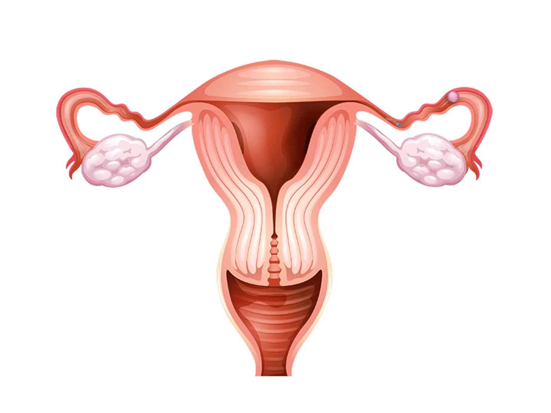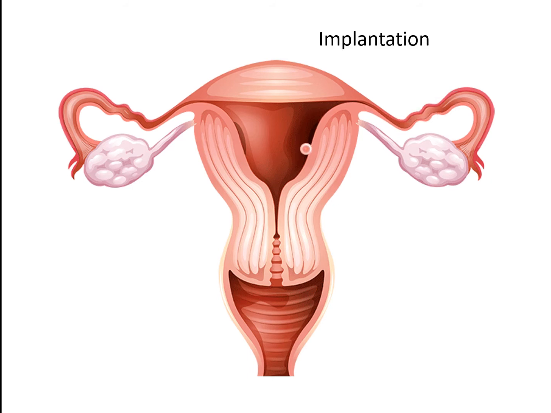After the sperm fertilizes the egg, during its movement towards the uterus, that is the time when it is getting converted into a blastocyst. So from the oviduct till the time it reaches the uterus, it has to go through these stages so that when it reaches the uterus, it is in the form of a blastocyst.